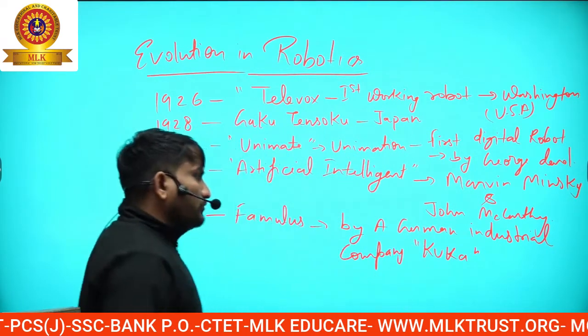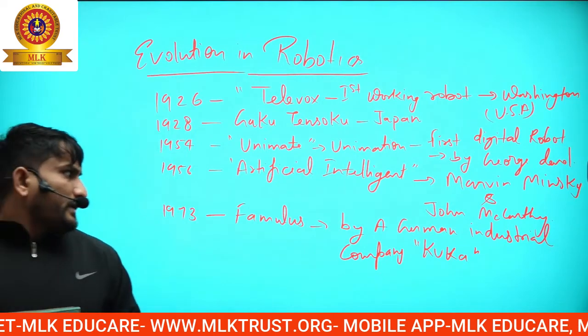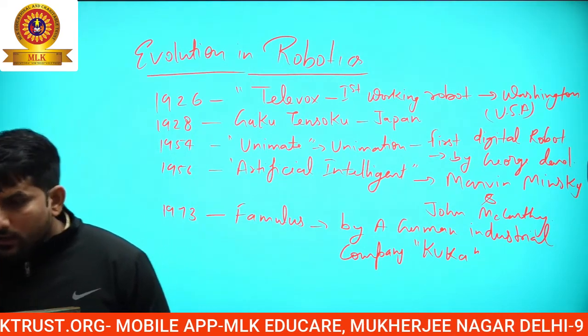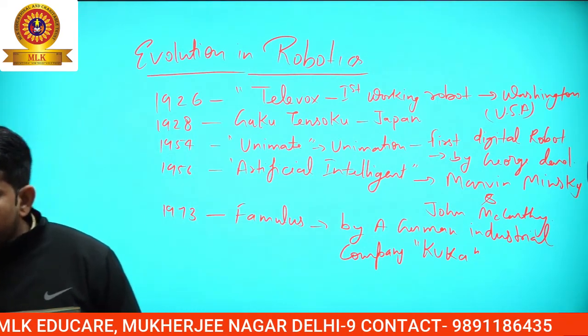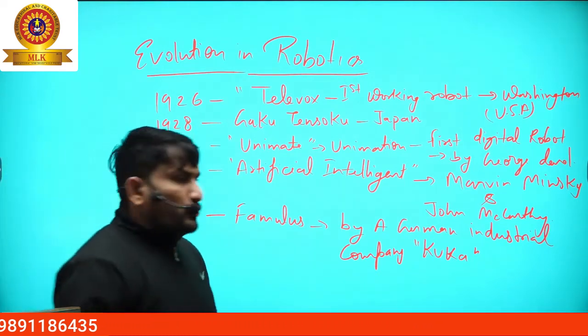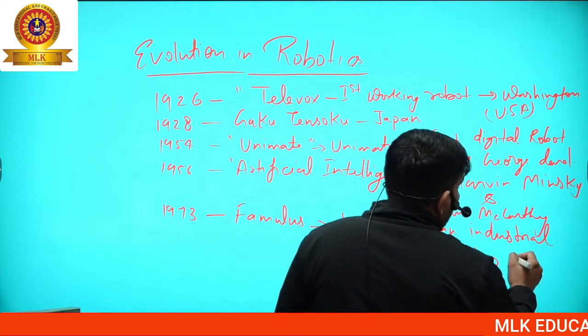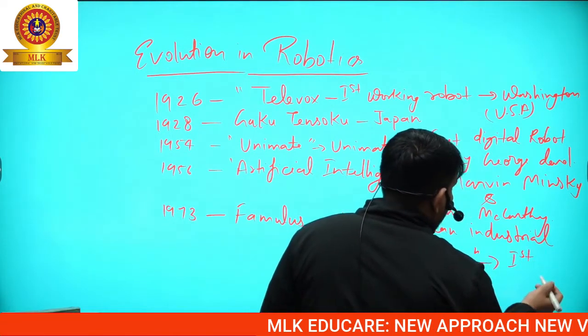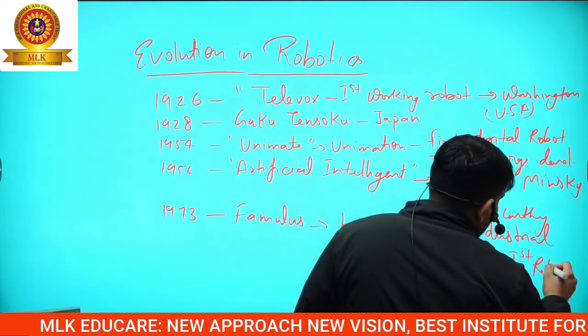Okay. So this Famulus is developed by the German industrial company KUKA, and this is the first reprogrammable, multifunctional and multidimensional robot. Okay.